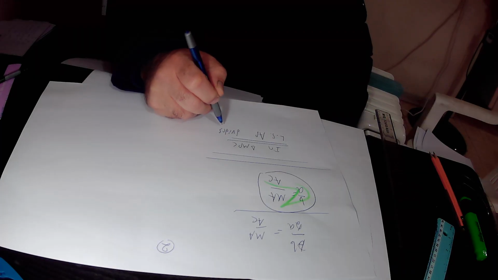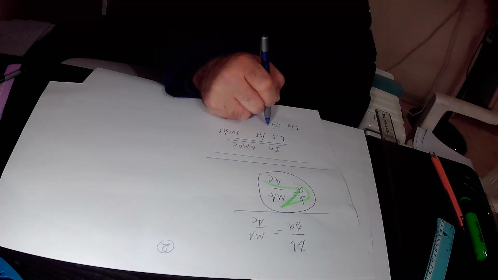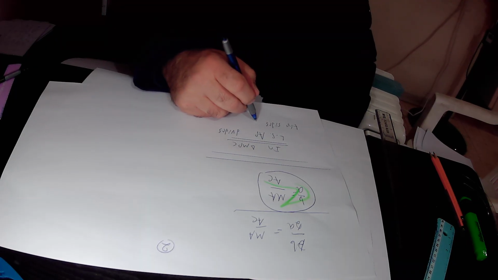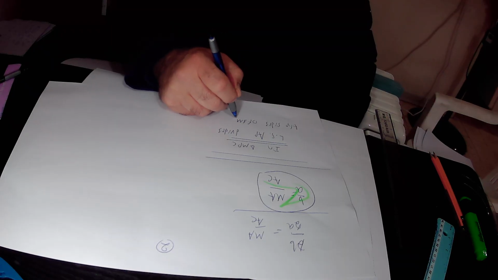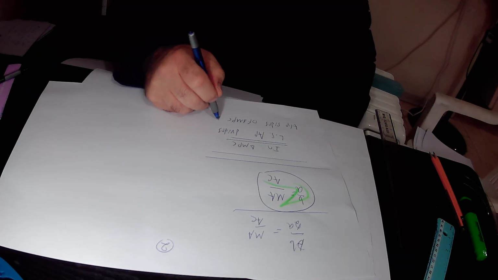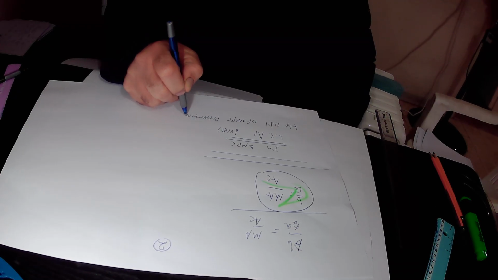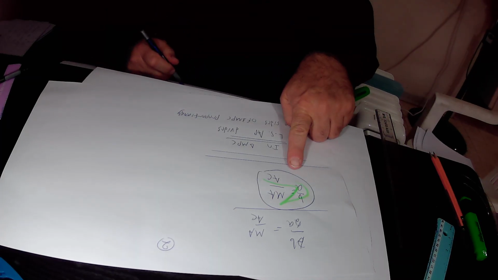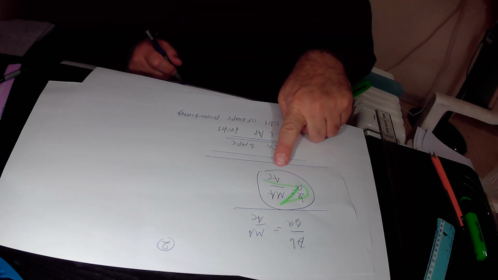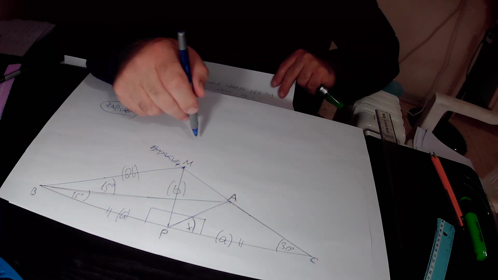AP divides the sides of the right triangle MPC proportionally. Why? Because we found that B over A equals MA over AC.